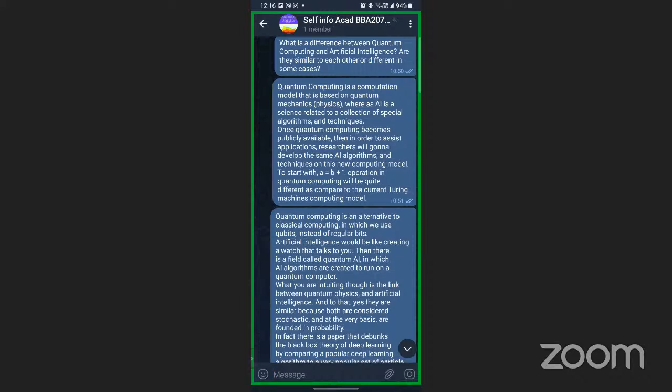So where does mathematics come into picture? That's what I'm trying to tell you. Your quantum computing identifies different states in the computation, and it gives a linear combination of these states. It works with the linear combination of these states. And when you use a linear combination, then linear algebra comes into picture. So that is the reason why you should know linear algebra while working with quantum computing.